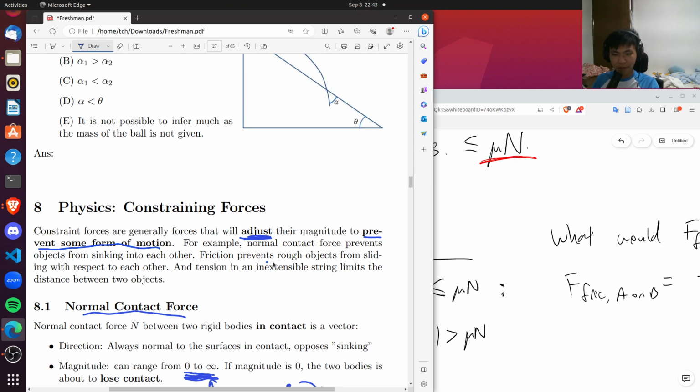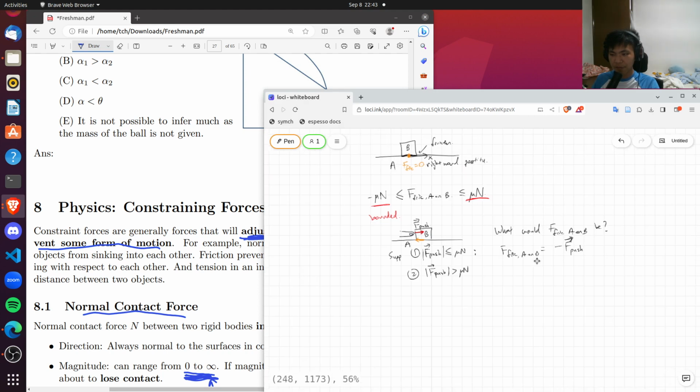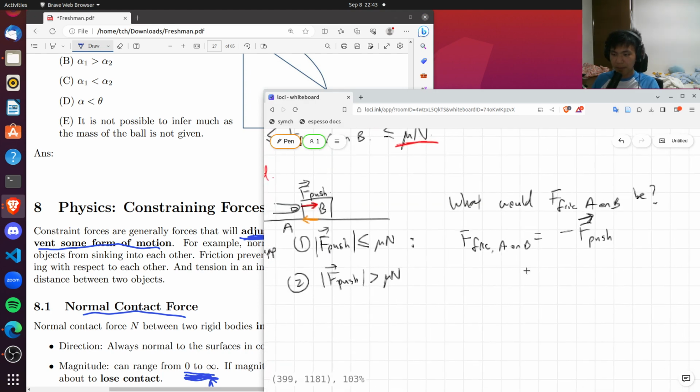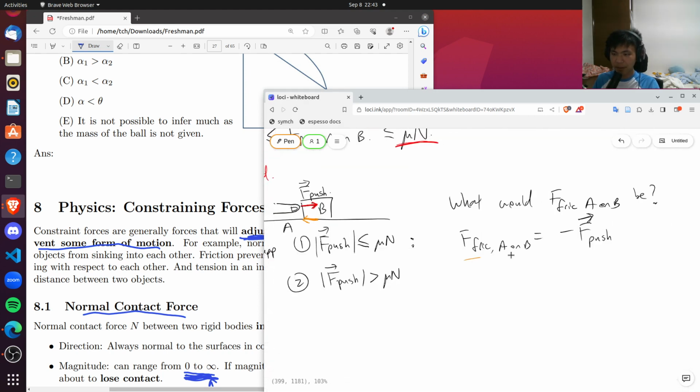So in this case, the magnitude of the frictional force is equal to the magnitude of the pushing force. It is not equal to mu n, unless F push is also mu n.